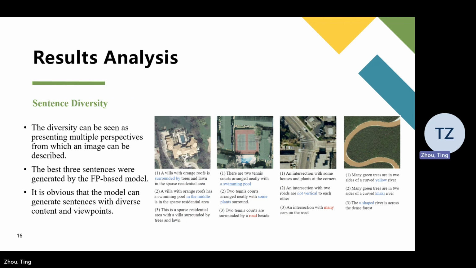Sentence diversity can be viewed as describing multiple perspectives of an image. And we get the best three sentences generated by the FP-based method. The blue fonts indicate the model can generate sentences with diverse content and viewpoints. For example, in the last image, the model describes the river from its color and shape.